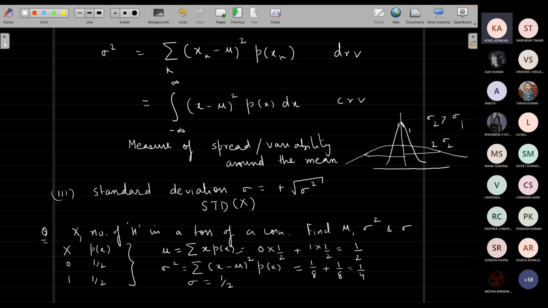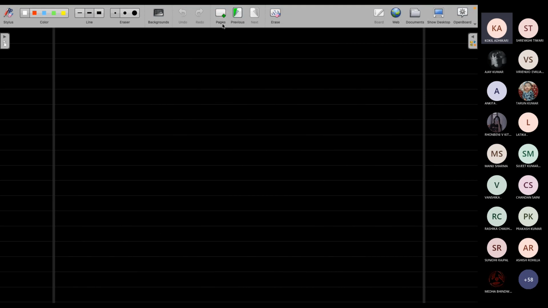So that's what it is trying to reflect, that in a single toss, the mean gives you the impression that it is half, but there is a lot of variability, and hence standard deviation is a very important quantity. By the way, the formula which we sometimes use for this is given in terms of E of x square minus something like this.